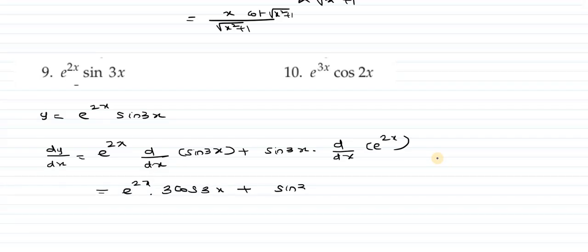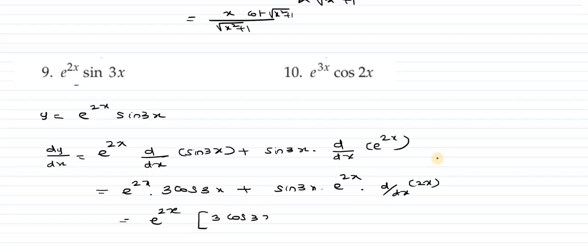And here sine 3x into e power 2x, differentiation of 2x. Don't forget to do it. Okay. So e power 2x, I will take it outside. Here 3 cos 3x. And here what will it be? Sine 3x. Differentiation of 2x is 2. So 2 sine 3x will be your answer.